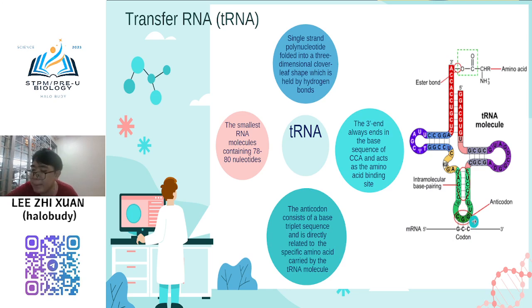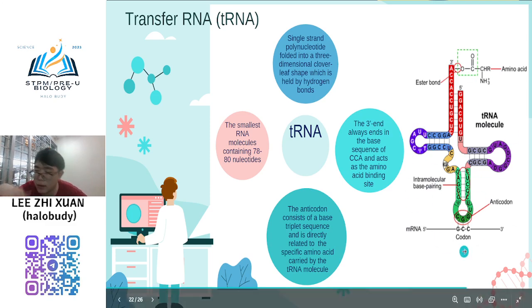For example, there is a specific sequence but I have not memorized it. I just give the example. So CGG maybe is methionine, so only methionine can join here. Only methionine can be carried by this tRNA. If you want to join glycine, you need another type of tRNA.